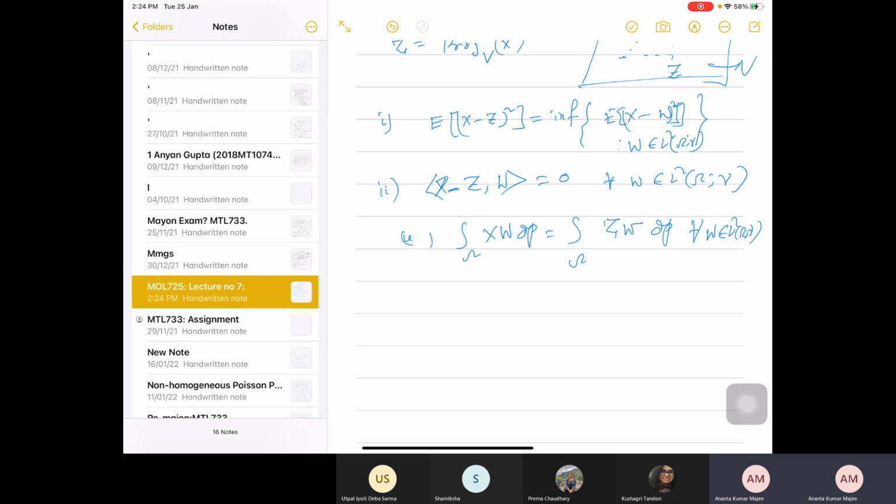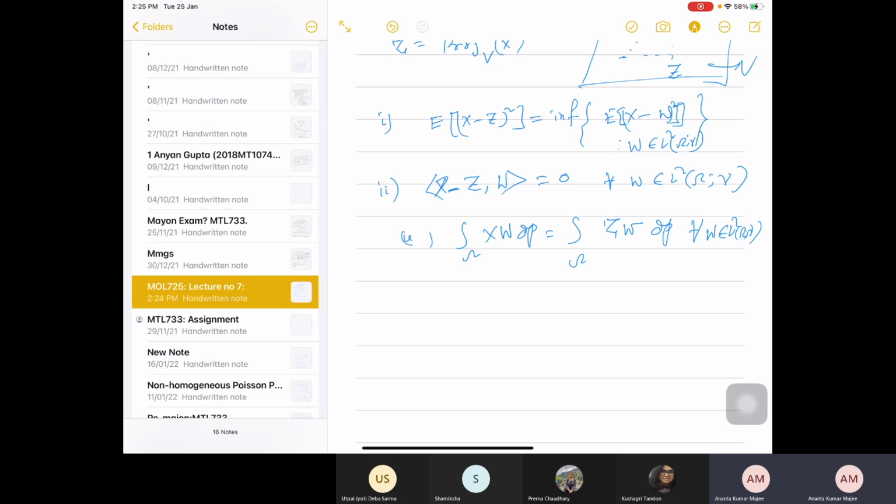Now, in my definition of conditional expectation, what I have to show is that the integral over A of x dP equals the integral over A of z dP. This should hold for all A from my sigma algebra nu. That is why I am considering it.